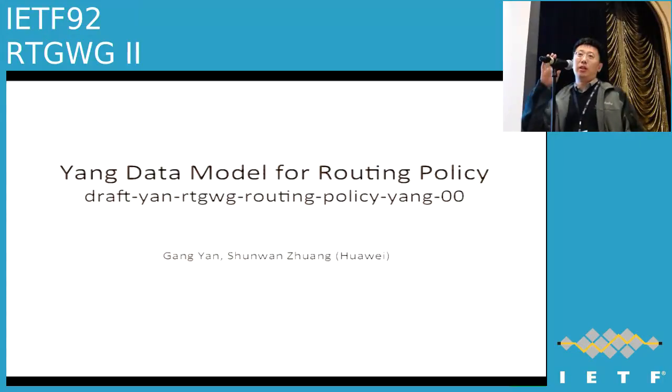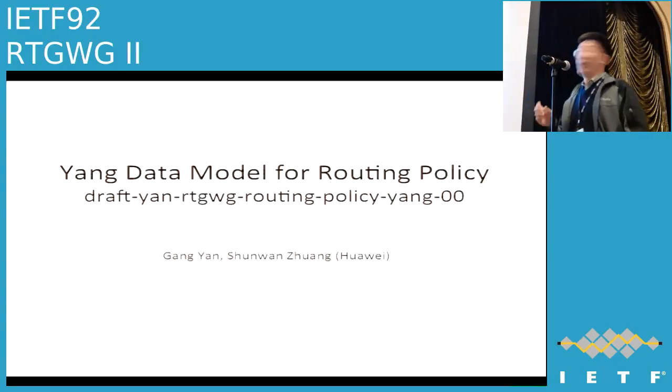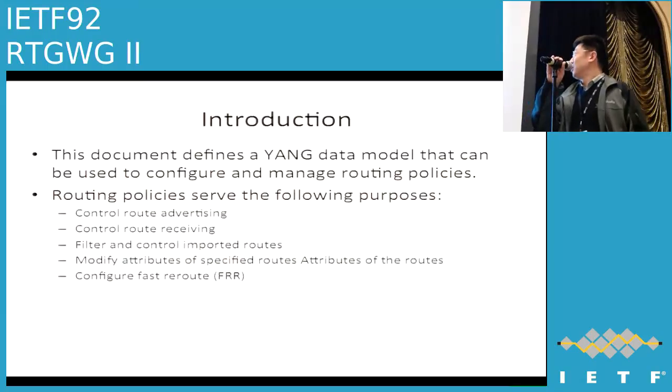Next, please. After the last IETF meeting, we know the IETF wants a common policy architecture, but at that time we took care of the content of the policy, what we have, what we want.